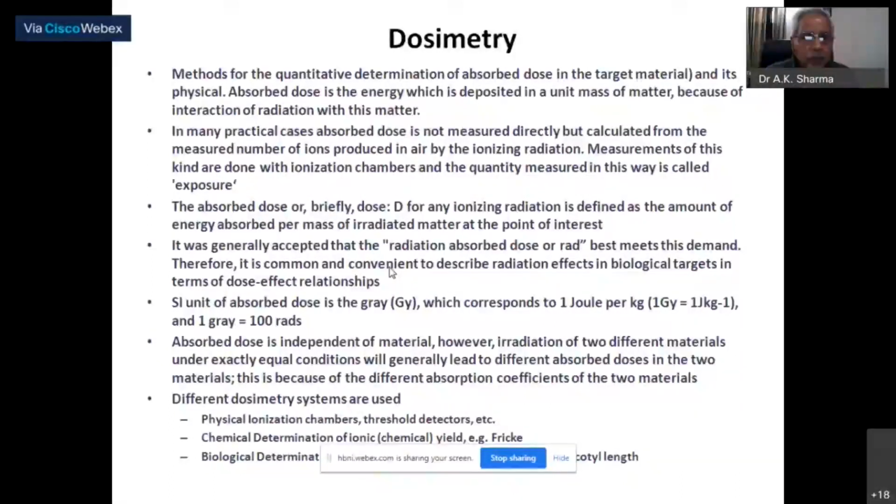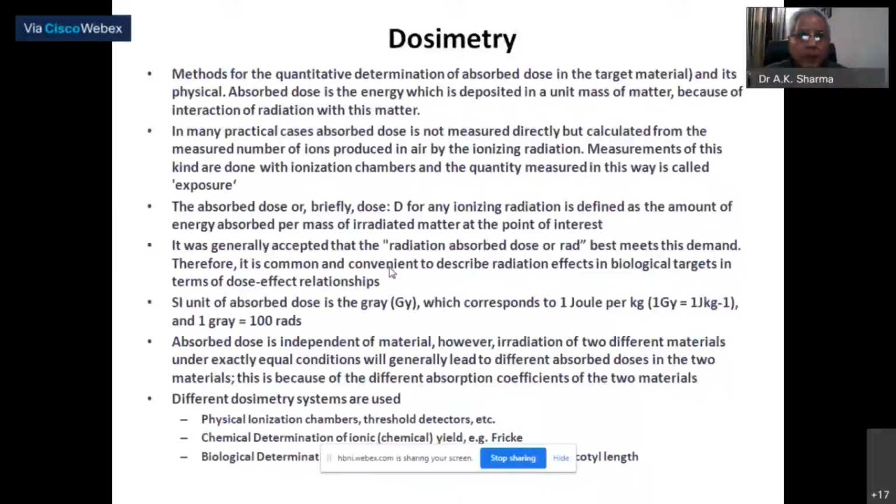So what is dosimetry? Dosimetry is a method for the quantitative determination of absorbed dose in the target material, and it is physical. You can quantify this absorbed dose. Absorbed dose is the energy which is deposited in a unit mass of matter because of interaction of radiation with this matter.